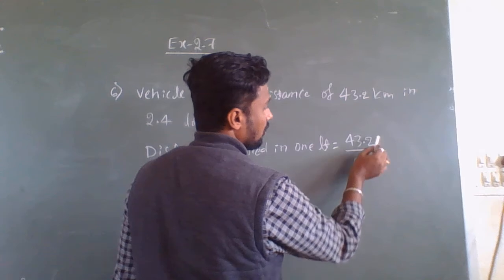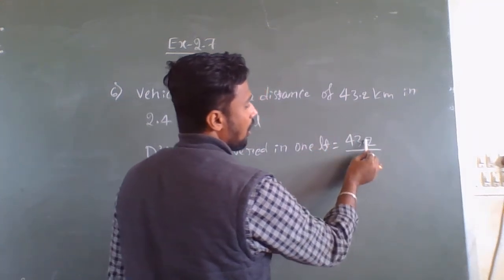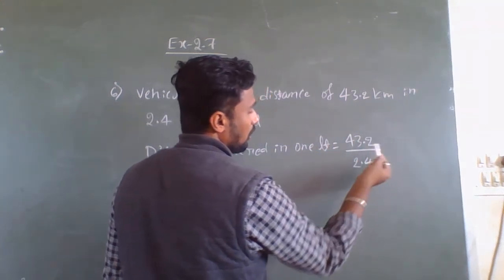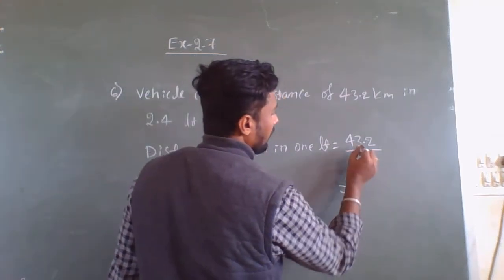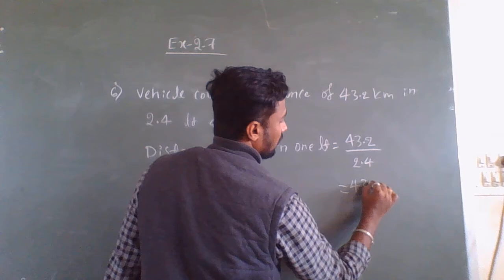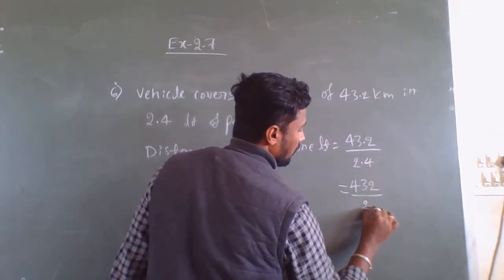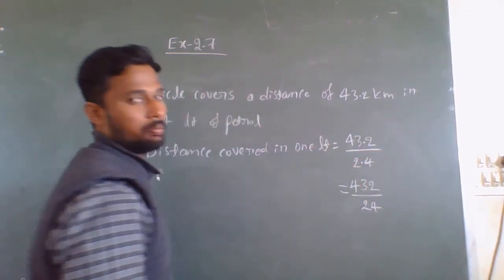So in both numerator and denominator after decimal point only one digit is there, so I can directly write it as 432 divided by 24 without considering decimal point.